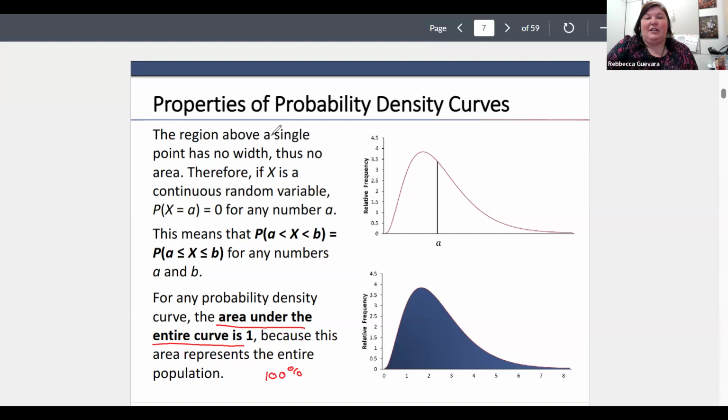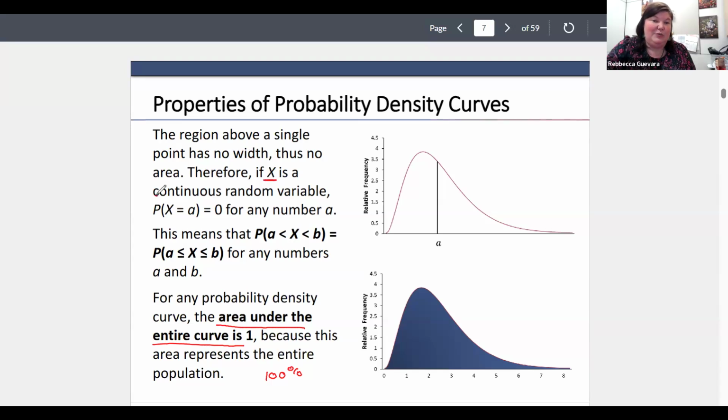The region above a single point has no width. So if I look at just A by itself, it has no width and therefore it has no area. So when we talk about areas or probabilities, we're talking about probabilities over an interval instead of a particular value.